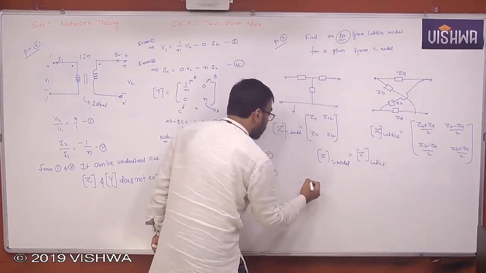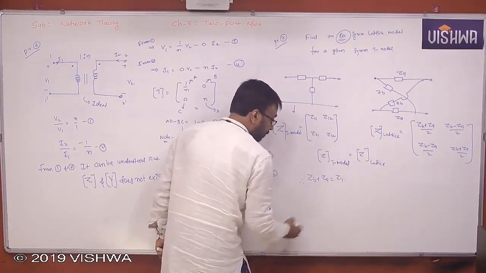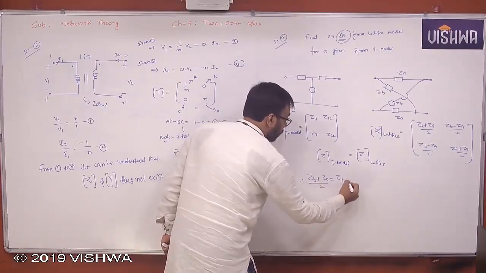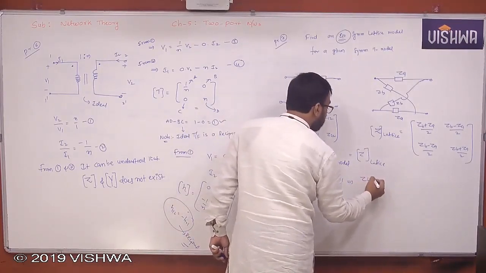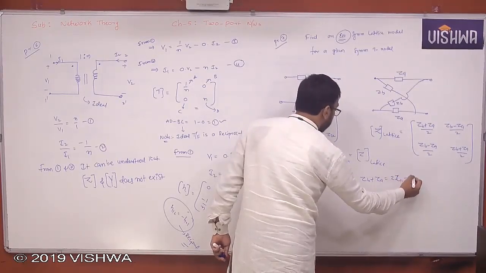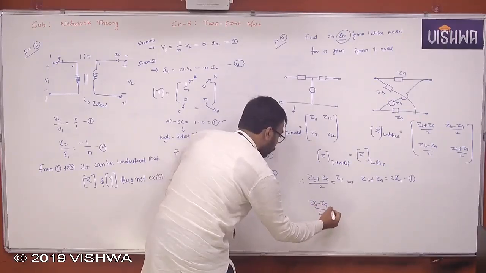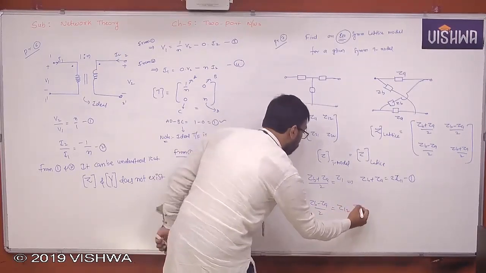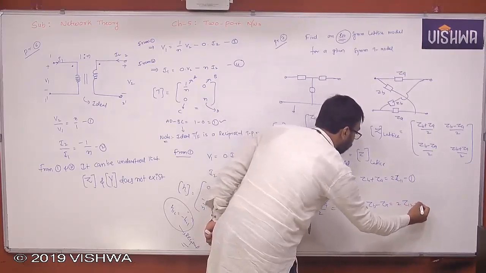From this we understand ZB plus ZA by 2 is equal to Z11, so ZB plus ZA is equal to 2 times Z11, equation 1. And ZB minus ZA by 2 is equal to Z12, so ZB minus ZA is 2Z12.